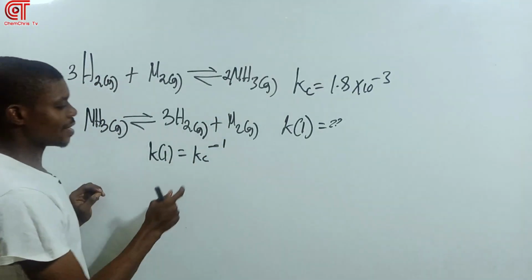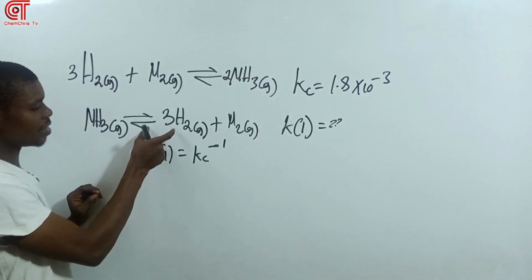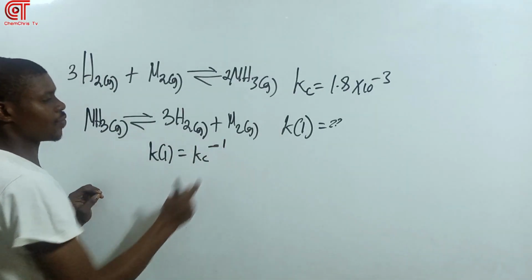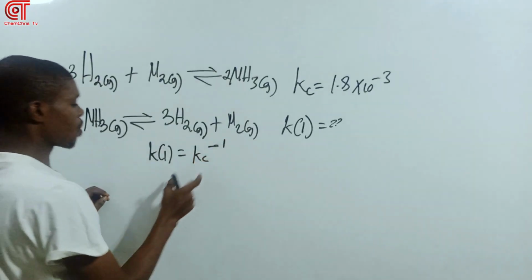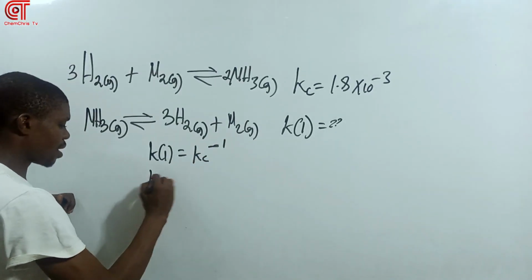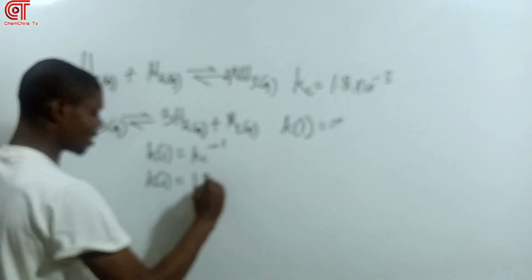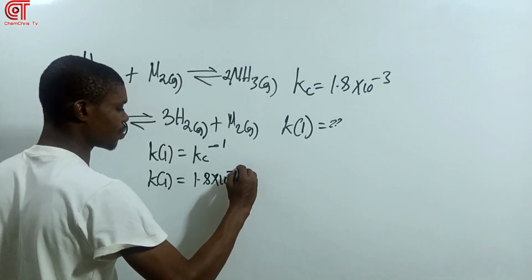So to get the K of this reaction, that is going to be the inverse of the first one. So K1 equals 1 over 1.8 exponential minus 3.